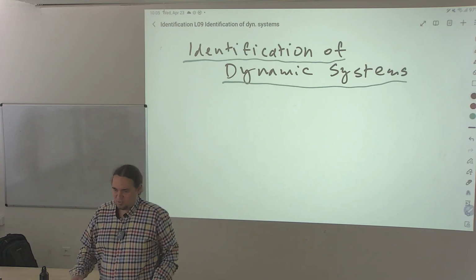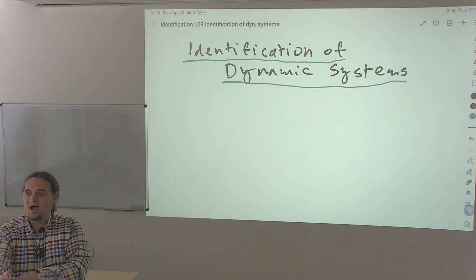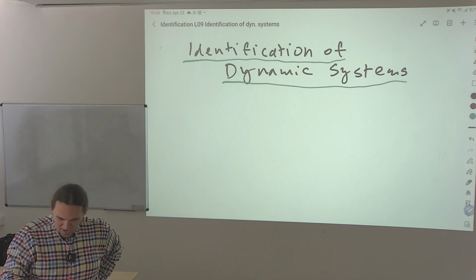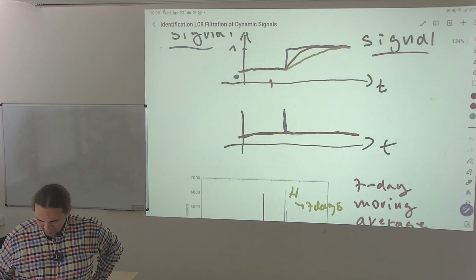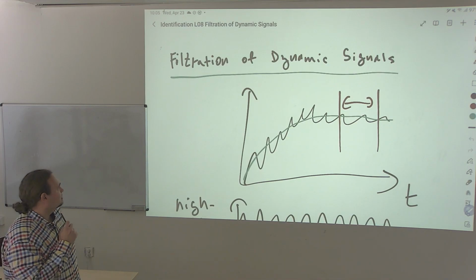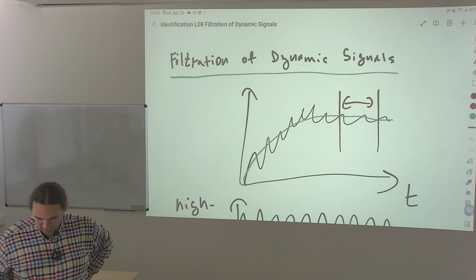So today we should go through finally the identification of dynamic systems. We were already doing some pretty dynamic stuff at the last lecture, where we were talking about the filtration of dynamic signals.